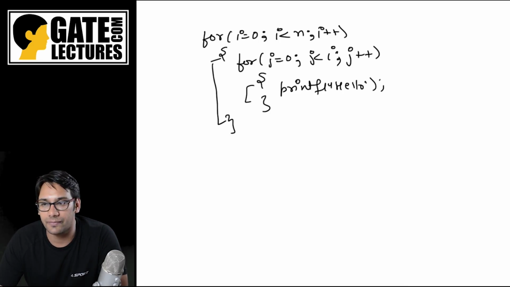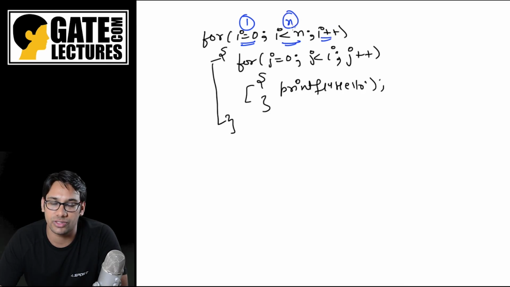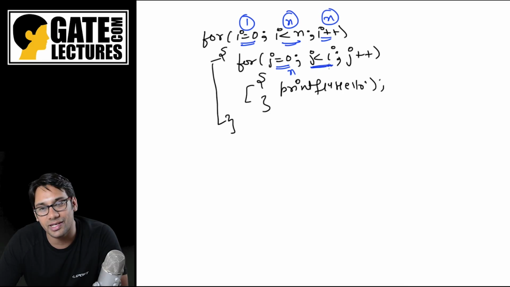Now in this program, how many times will this statement be executed? This will be executed one time, this will be executed n times, and this will be executed n times. But the question is how many times this statement will be executed, because whatever number of times this statement is executed, this statement will be executed that many times also.